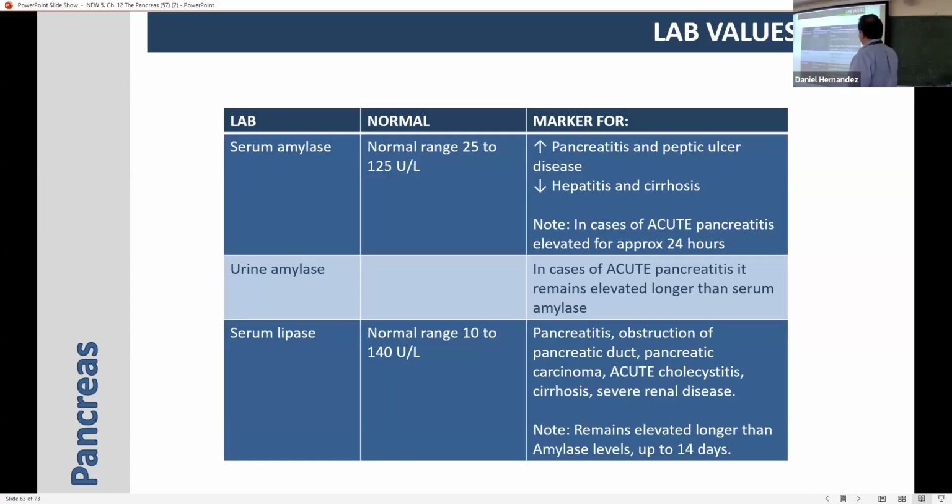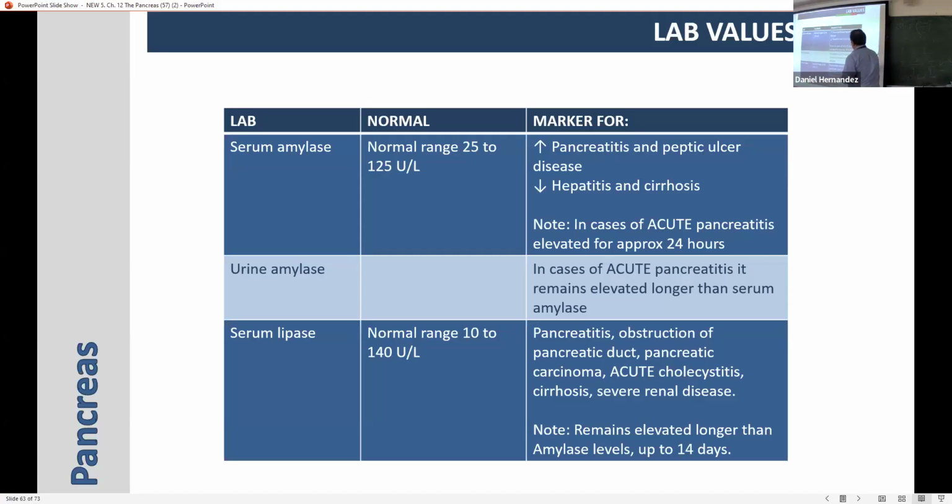This was showing some of those lab values. Again, we're looking for elevation in amylase and elevation in lipase to indicate the potential for pancreatitis or obstruction of those pancreatic ducts. I'm sorry, I misspoke before. When lipase is elevated, this could also potentially indicate pancreatic carcinoma, pancreatic cancers.